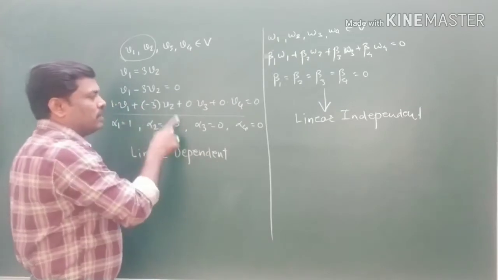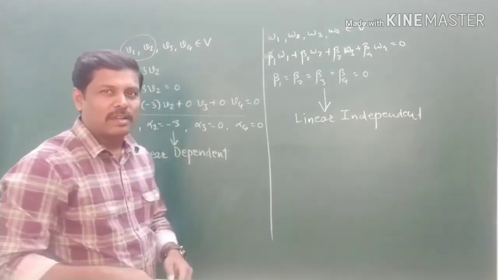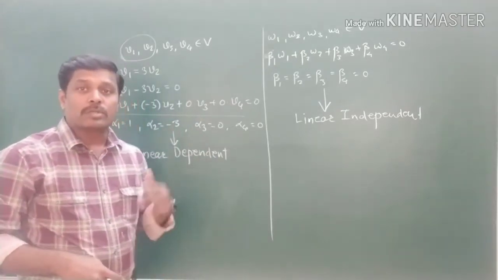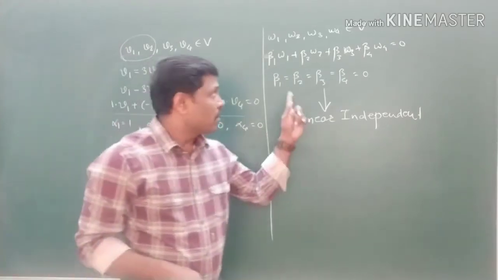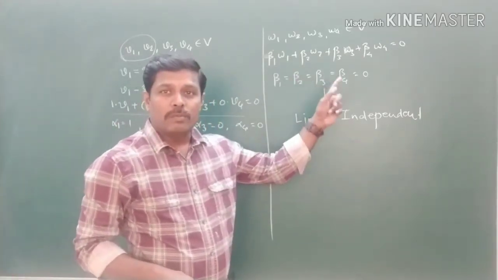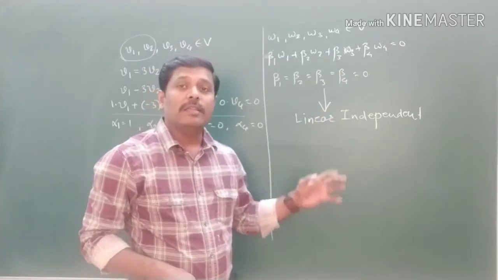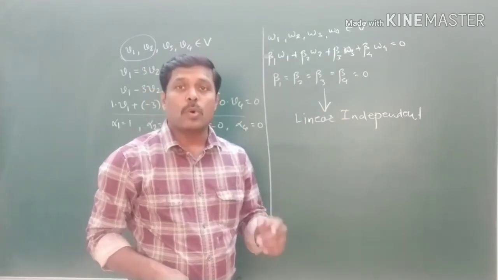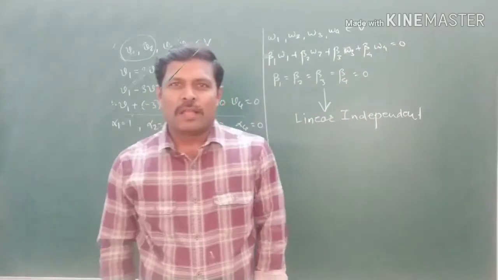So here V1, V2, V3, V4 are linearly dependent vectors over the field F, and here W1, W2, W3, W4 are linearly independent vectors over the field F.